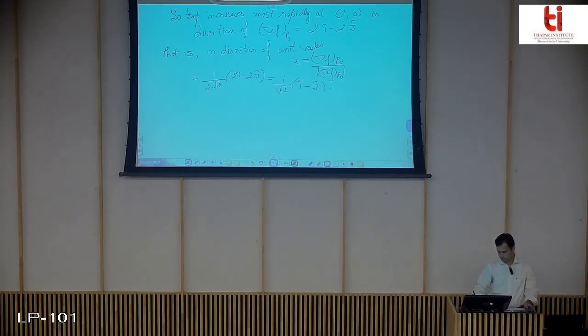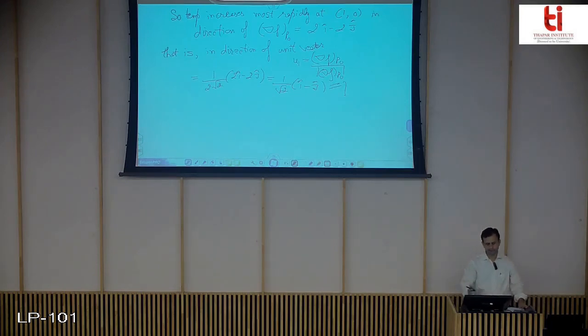So this is the direction of the unit vector of your gradient vector in which the temperature will be increasing most rapidly.